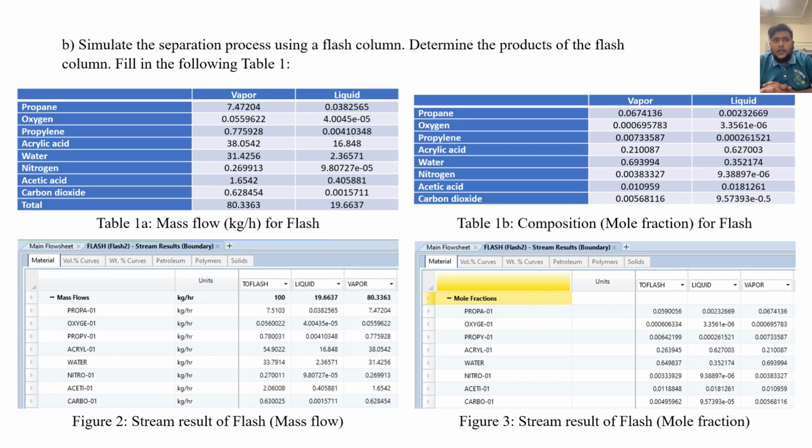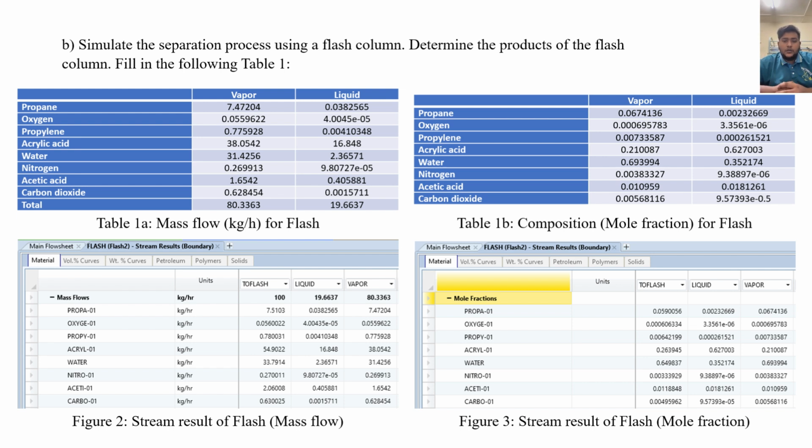For part B, simulate the separation process using a flash column. Determine the products of the flash column and fill in the following table 1. Now we are going to go through table 1A, mass flow in kg per hour for flash, and the second one is table 1B, composition, mole fraction for flash.